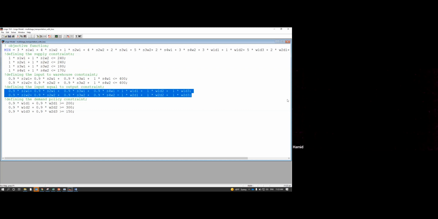Your loss is just through transportation. So as you see on the right side, I haven't multiplied by 0.9 because I haven't sent them yet. Since you cannot store anything in the warehouse, whatever comes in should go out. So inward, which has 10% loss, should equal outward, which has not faced any loss yet. Again, in this problem, your loss is through transportation. It's not at your demand points, warehouses or supply points.